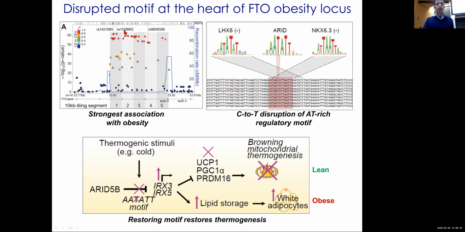And we found that out of this massive association, we could trace it down to a single nucleotide alteration in this AT-rich interacting domain that changes a T into a C. And when this motif is no longer AT-rich, this AT-rich interacting domain protein, ARID5B, again, very creatively named, can no longer bind this AT-rich motif because now it has a T in the middle.